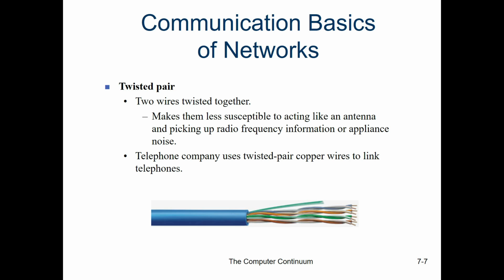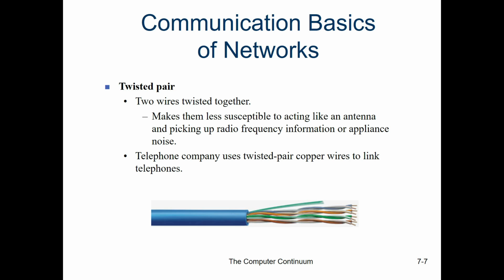The twisting of the cables makes them less susceptible to acting like an antenna and picking up radio frequency information or appliance noises. The twisting and coating into insulators makes them less susceptible to other radio frequencies which could create noise in the communication, or which could corrupt the data packets being passed through the network.